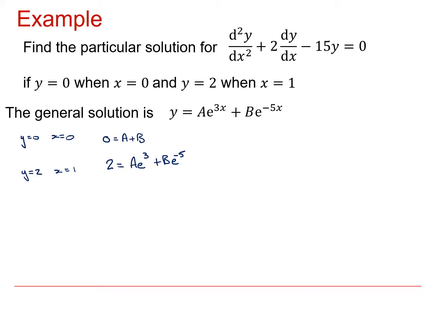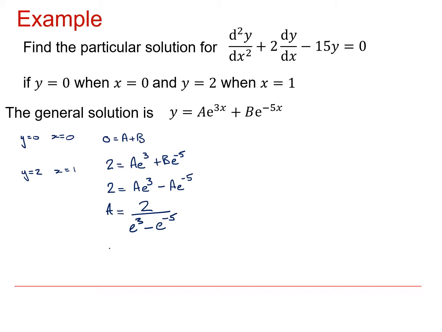Now because a plus b equals 0, I know that a is going to be equal to minus b, so I could rewrite this one as 2 is equal to a e to the 3 minus a e to the minus 5. So rearranging this gives me that a is equal to 2 over e to the 3 minus e to the minus 5.